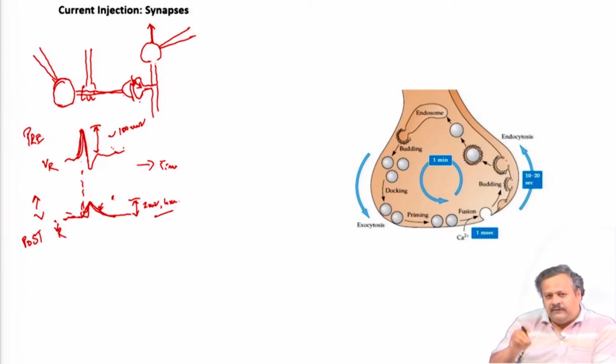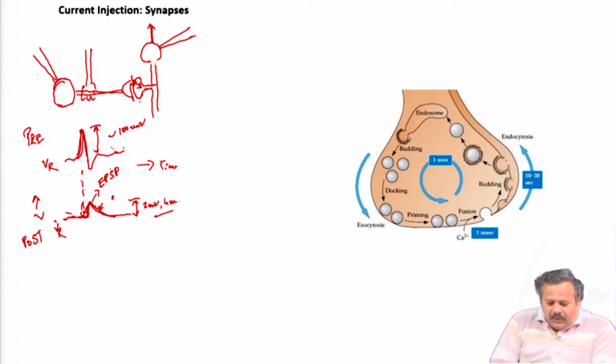If positive ions are going in, then the inside voltage of the postsynaptic neuron increases and goes towards 0, towards spiking threshold. This is what we call the excitatory postsynaptic potential, or EPSP.